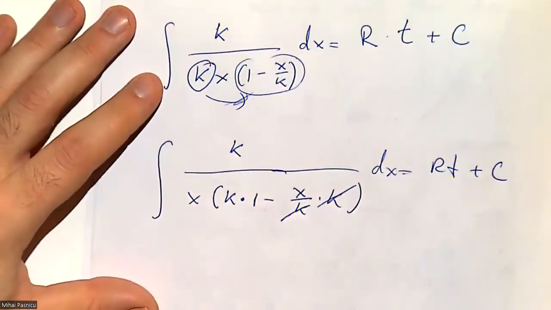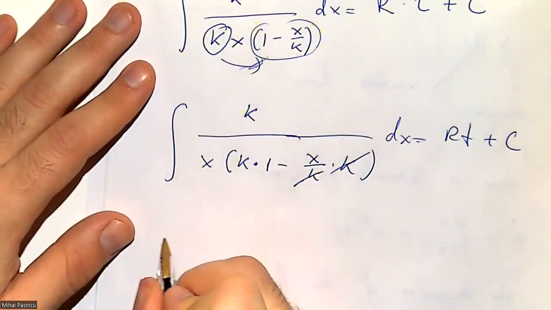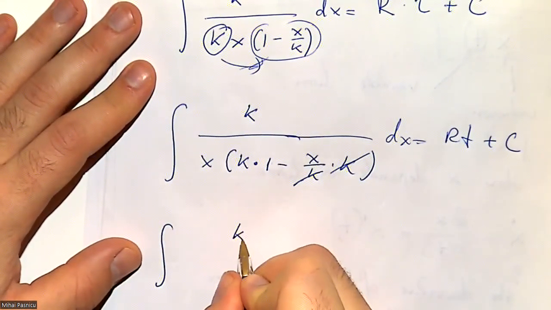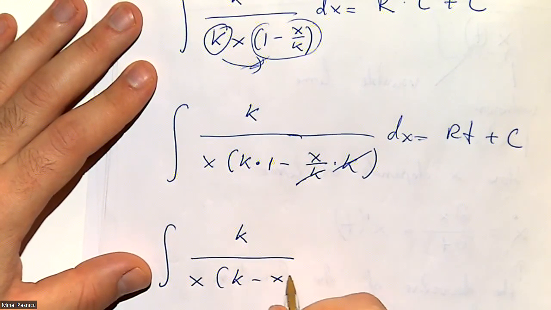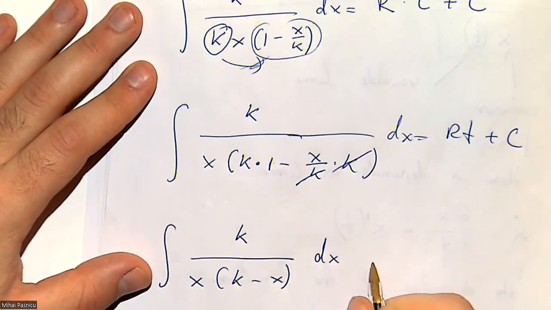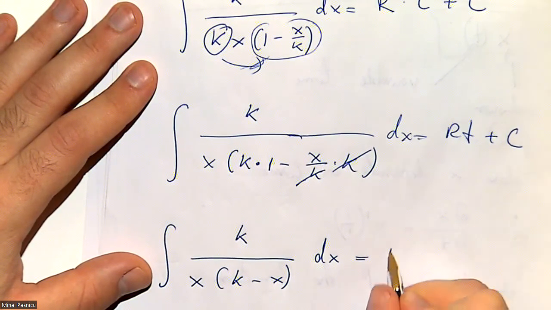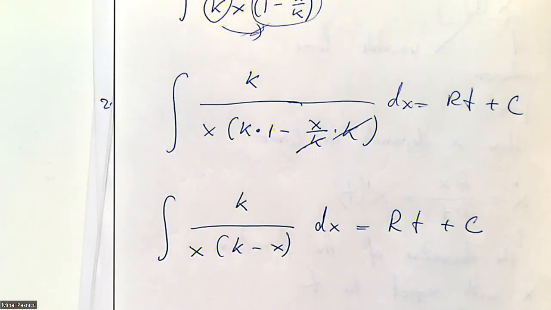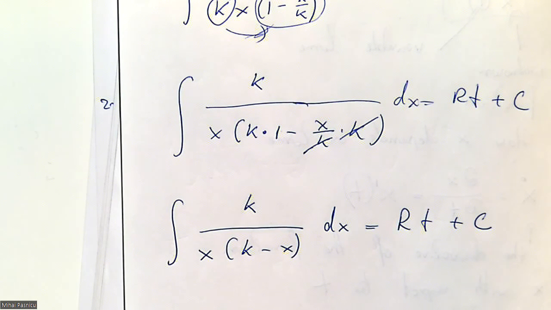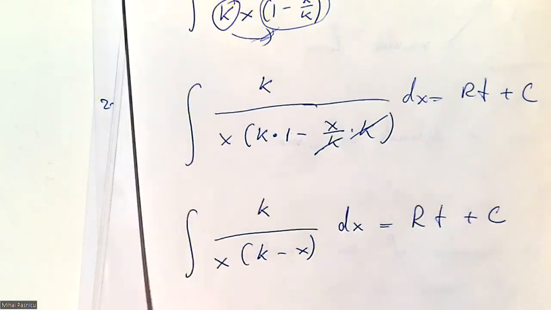This goes away, this goes away. And I just have the integral of k over x (k minus x) dx equals rt plus a constant. Now, how many of you remember the formula for this fraction, how to split it? I think I wrote it in class, and I definitely wrote it in the seminar, so I'll rewrite it again, because this is really, really useful.